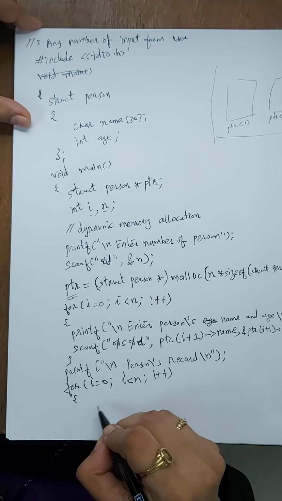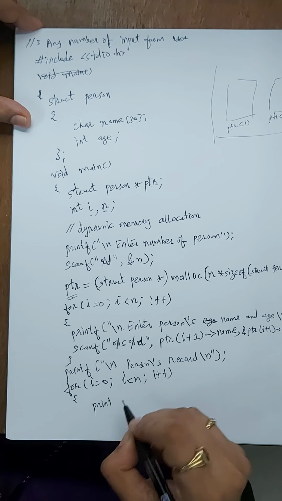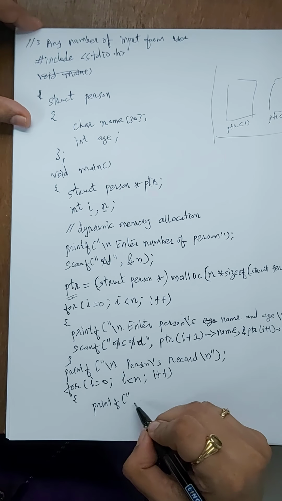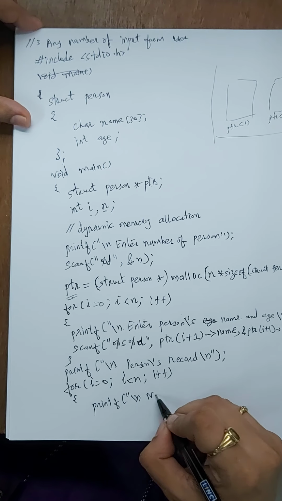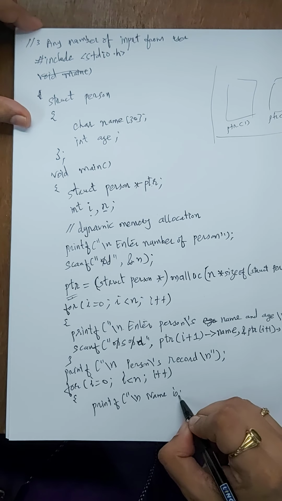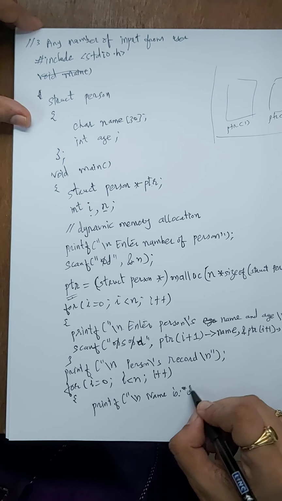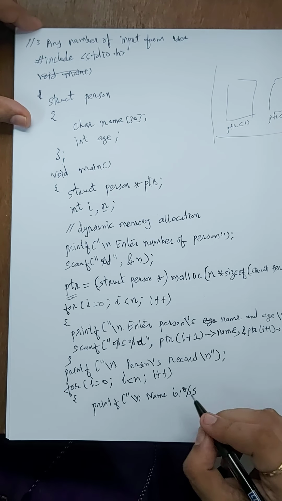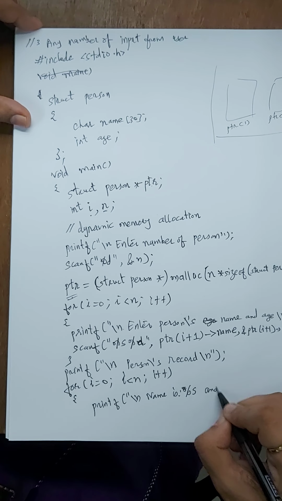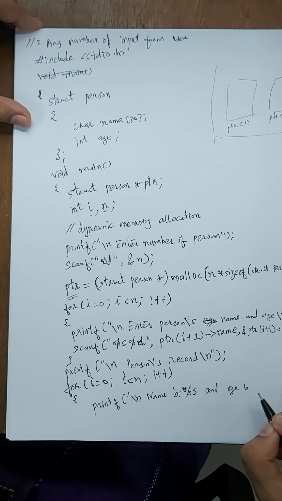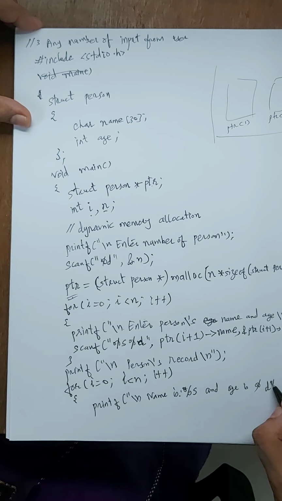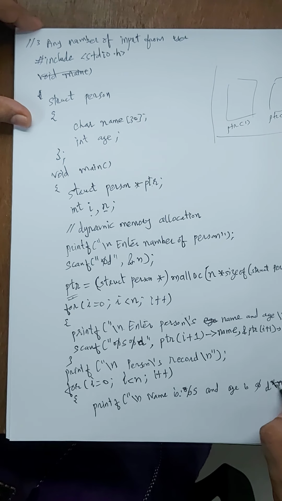Now we'll print it. So printf new line, name is %s and age is %d. Fine. At the end we can write new line, or otherwise at the beginning also we have written, so no need.